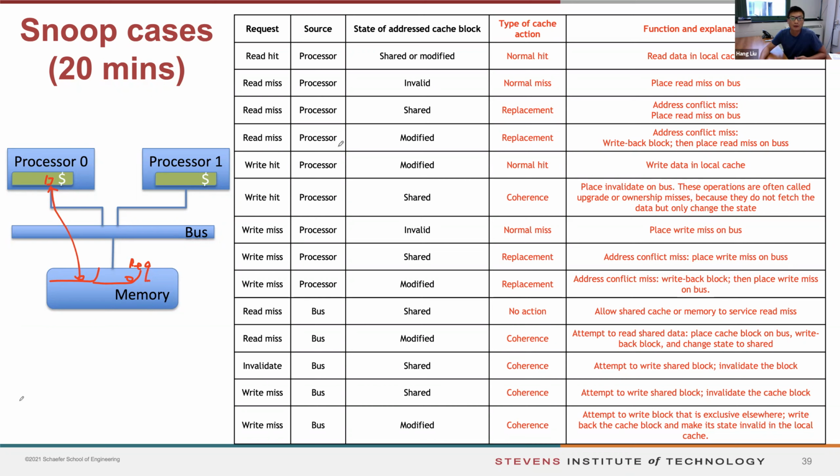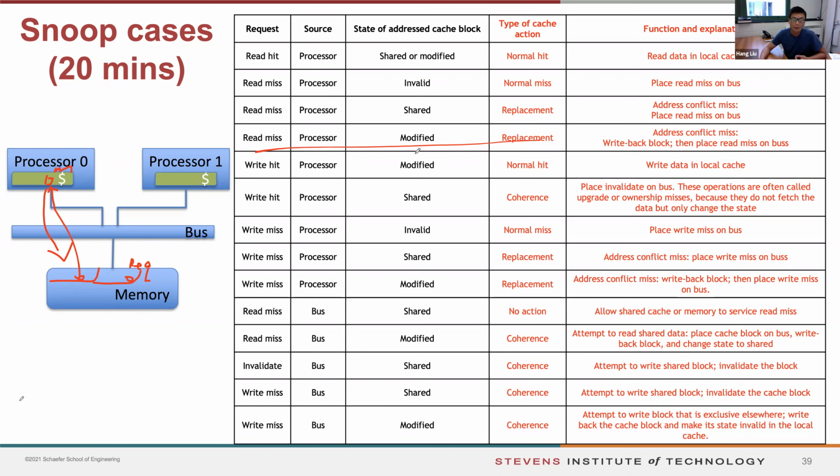A read miss on modified is the same: this data was just modified, so you have to write this value back to memory and also load the requested data.